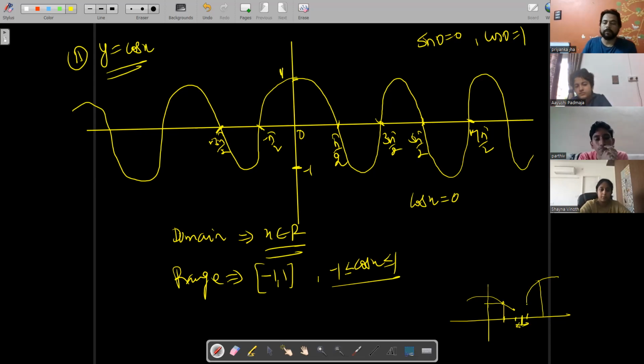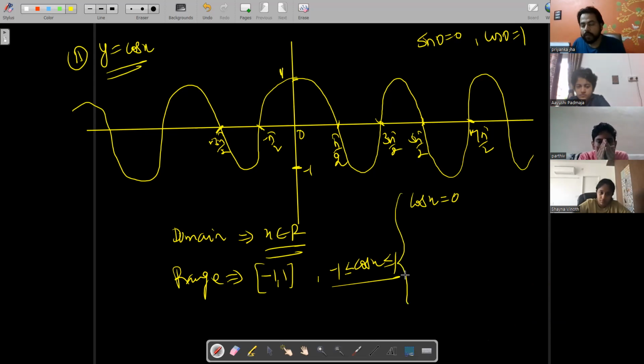Now, remember these things. At what points does cos take 0? x equal to (2n plus minus 1) pi by 2. It means for all odd multiples of pi by 2, cos x gives you 0 value: cos pi by 2, cos 3 pi by 2, cos 5 pi by 2 and like that.